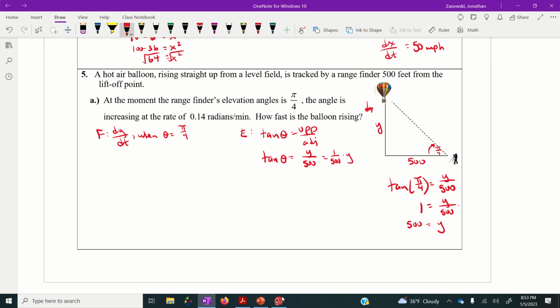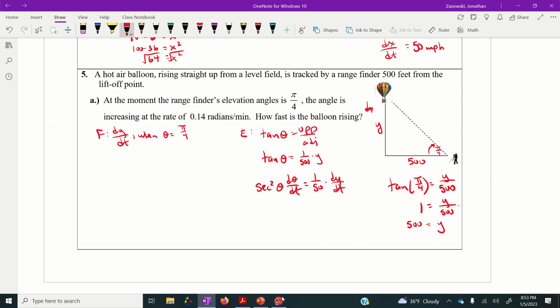So we take the derivative of both sides, and you could just write it like this instead, or think about it like this as you do your derivative. All right, derivative of both sides, we're going to get tangent. Derivative of tangent, remember, is secant squared theta d theta/dt is equal to 1 over 500 times dy/dt.